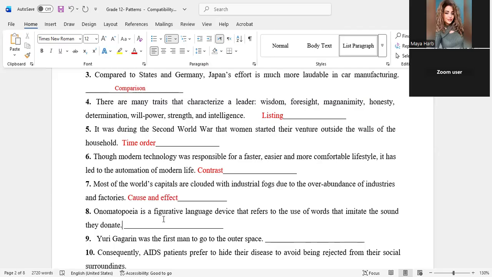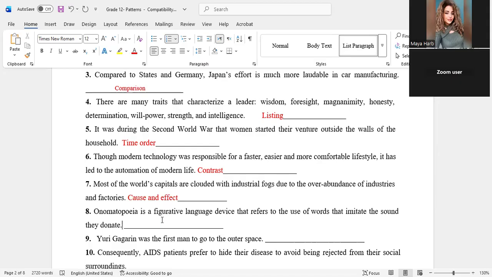Onomatopoeia is a figurative language device that refers to the use of words that imitate the sound they denote. Okay. Do we know the meaning of onomatopoeia? Okay, but here they told us what it is. They said onomatopoeia is a language device that refers to the use of words that imitate the sound they denote.